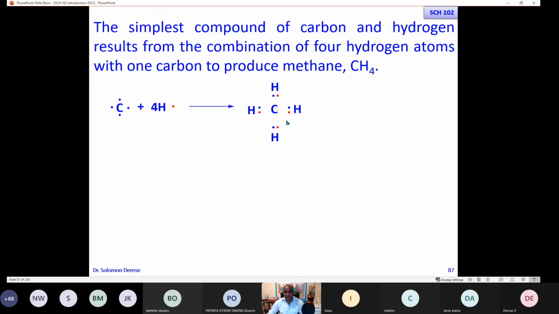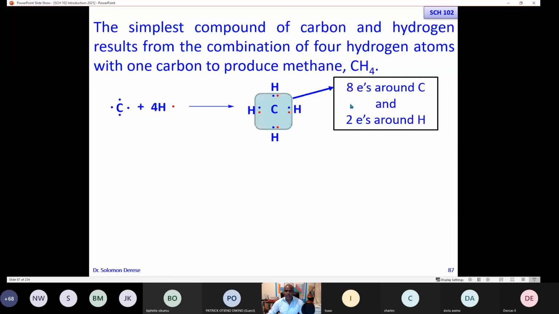After they have formed this covalent bonding, you'll see around the carbon we have 1, 2, 3, 4, 5, 6, 7, 8 electrons, an octet of electrons, just like the electron configuration of the corresponding noble gas, neon. Around each of the hydrogens, we have 2 electrons.